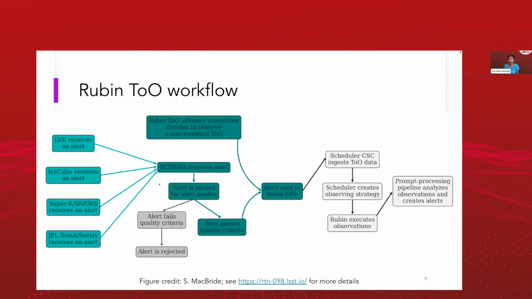In the case that an alert does not pass these automated triggering criteria, there is a Rubin Target of Opportunity Advisory Committee that has the ability to decide or recommend whether to observe an event that did not pass these criteria for various reasons.